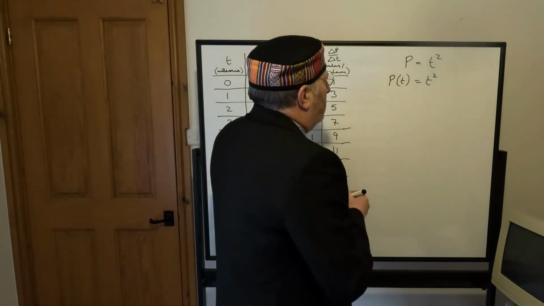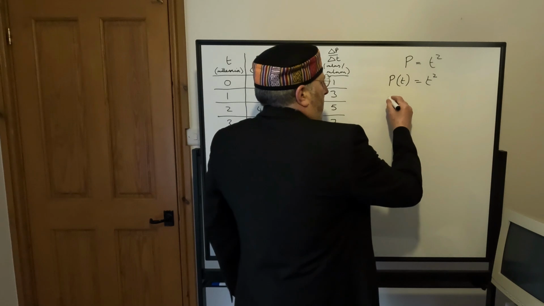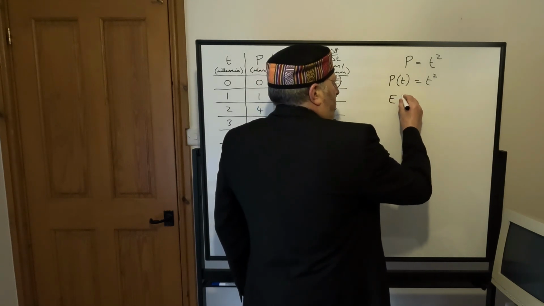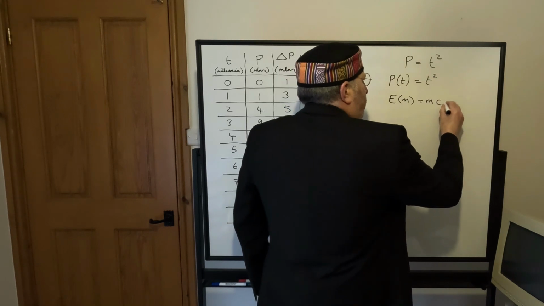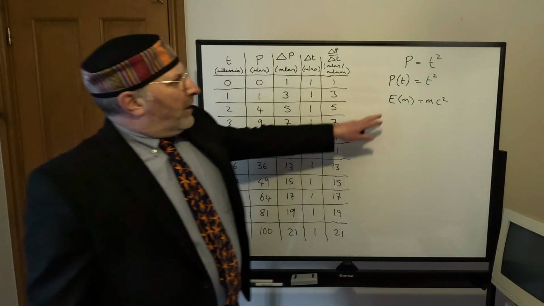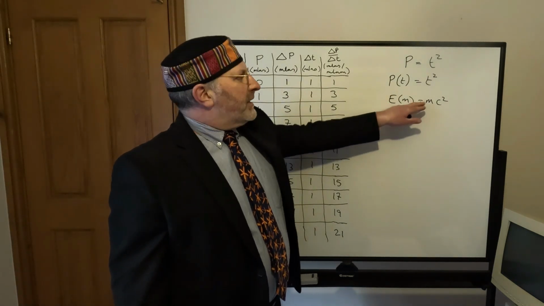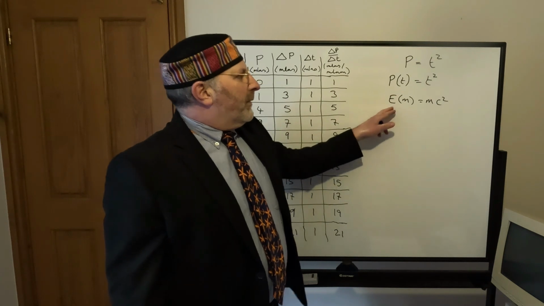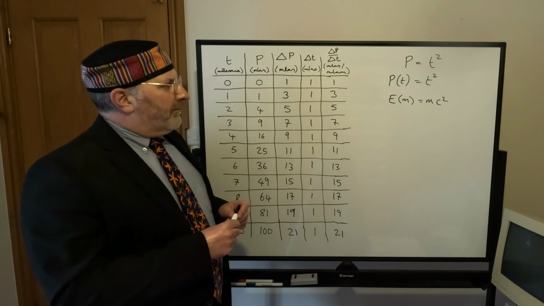Now, although we can write it that way, we might imagine Einstein's famous equation, writing it this way. E of m equals mc squared, because the equation is telling us that energy is a function of mass. Energy depends on mass. So strictly we should perhaps write E of m, energy is a function of mass.